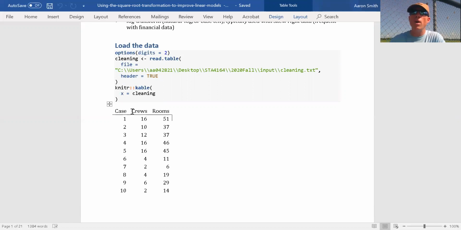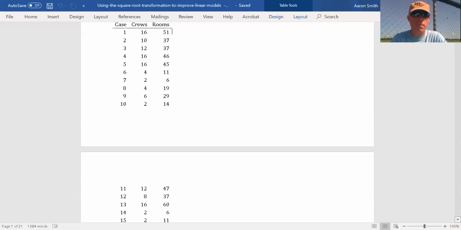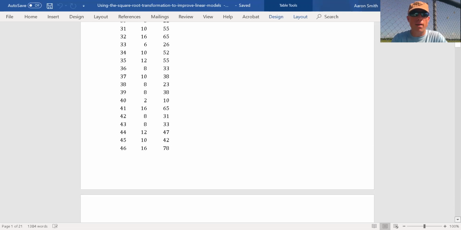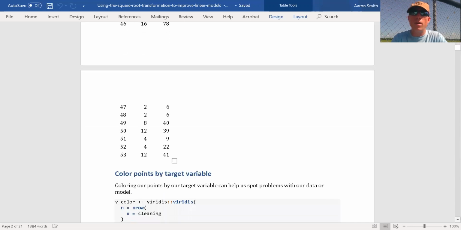If I have too few, then I'm not meeting the demands of the clients. So I want to be in the narrow spot. It's a Goldilocks problem. Not too many, not too few. It needs to be just right. If we scroll down, we have 53 observations. It's a small data set.